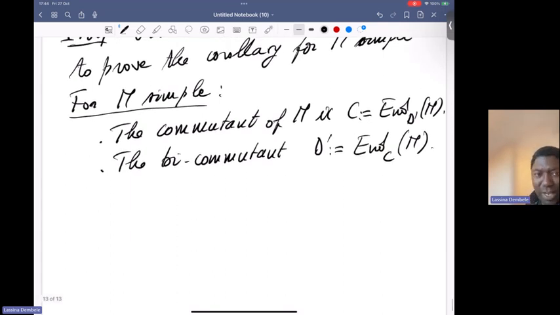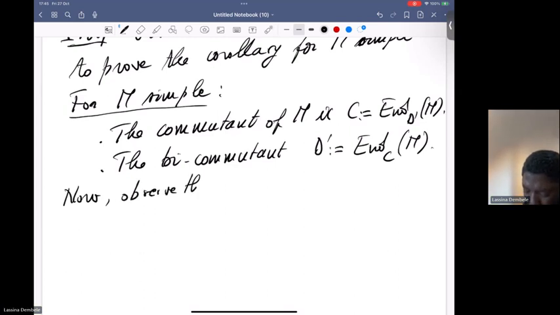And now the key thing that we need in order to complete the proof is the following. So we want to observe the following fact.